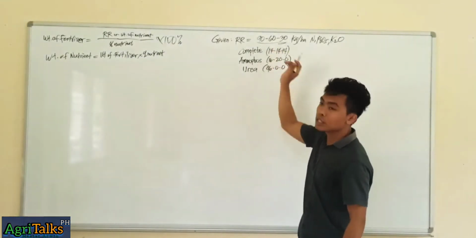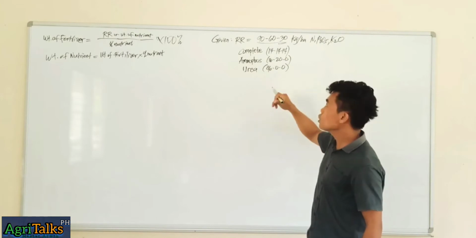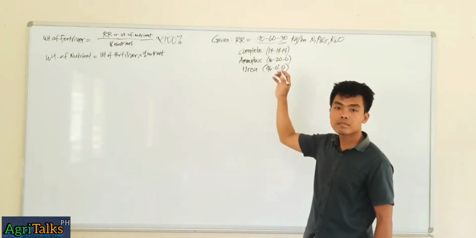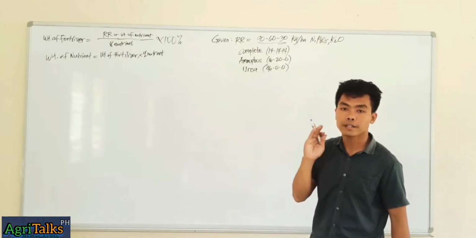Since if you use 60 in computation, you will over-apply in 30. So you should use first the smallest number in the recommended rate.